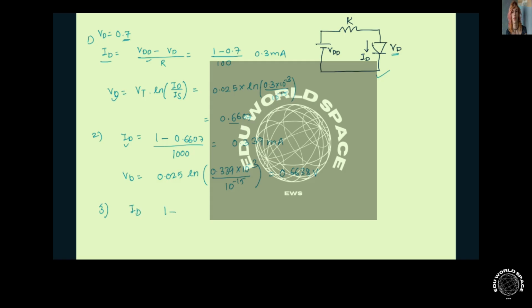Now for the third iteration we'll again use our obtained VD. So 1 minus 0.6638 divided by 1000 gives us 0.3362 milliampere.